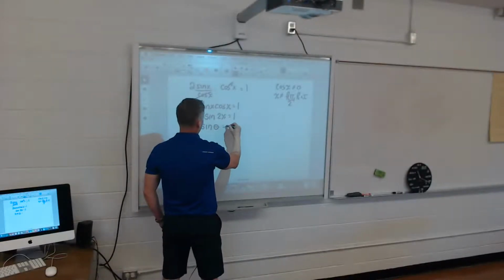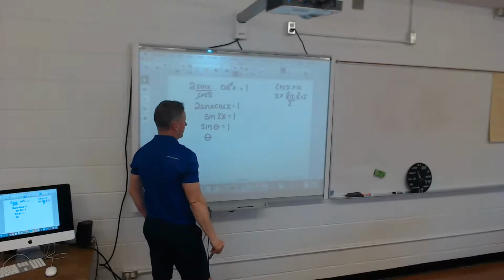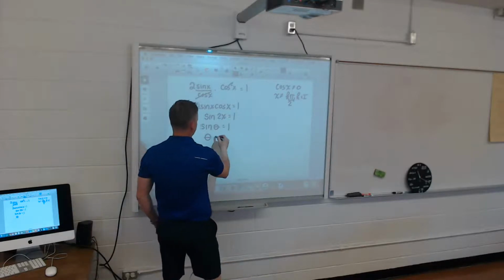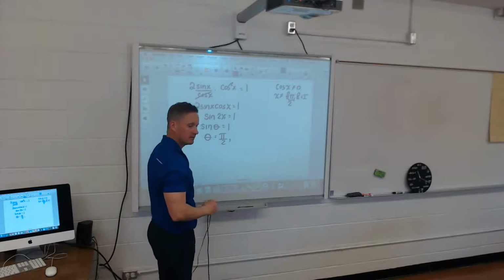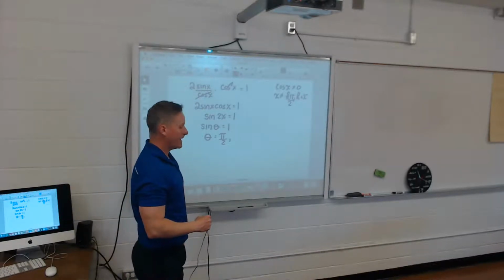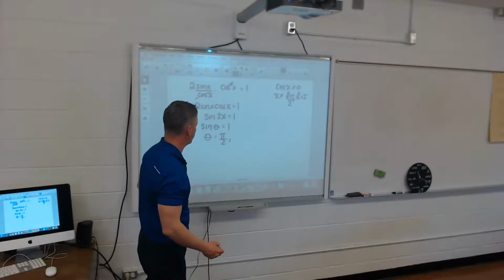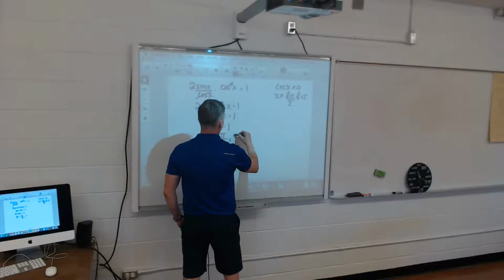So if I change this to sine theta, where does sine theta equal 1? Well, that's at pi over 2, right? And then I got to go around the circle one more time because I've got 2 of them. So that now is 5 pi over 2.